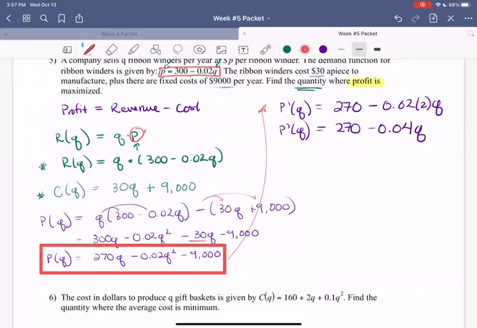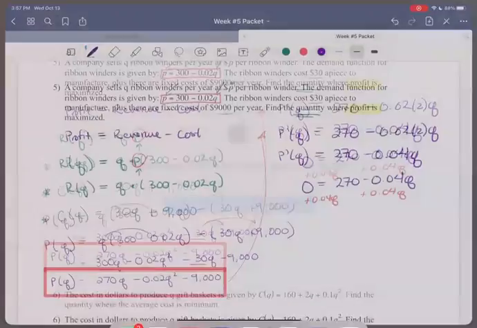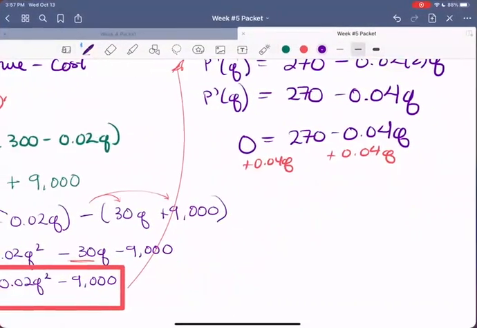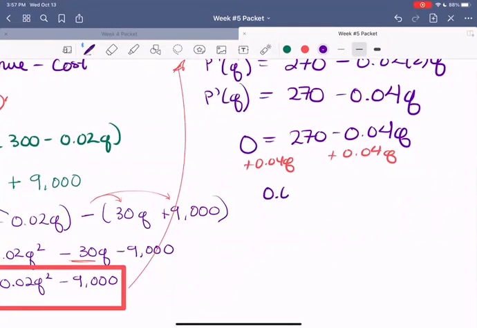Now we need to find those critical values of our derivative. No Q here will make this function undefined. All Q's work. So we just need to find the zeros. Where is this function equal to 0? We can set 0 equal to 270 minus 0.04Q and solve for Q. So I can add 0.04Q to both sides. And from there I get 0.04Q is equal to 270.